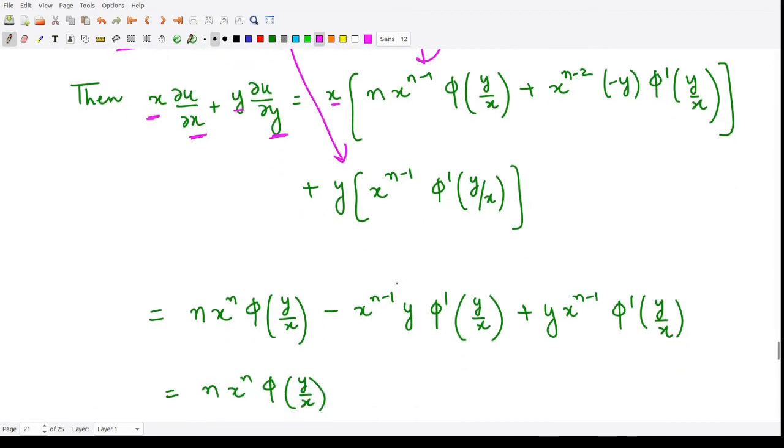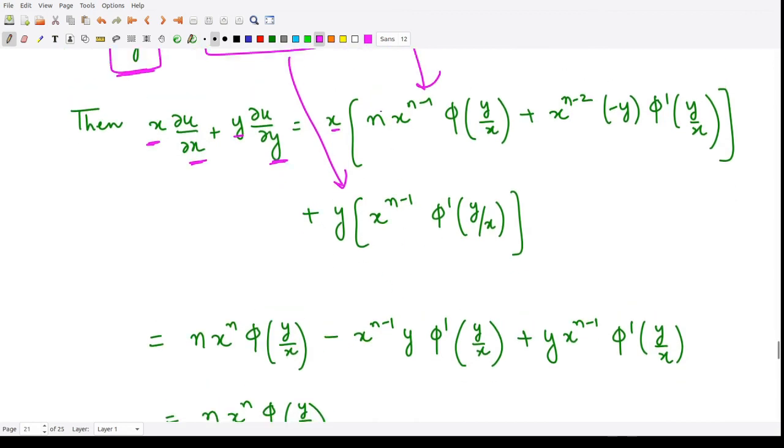When you simplify this, we are multiplying this x inside. So here the power of x is 1, and here the power is n minus 1. So we have 1 plus n minus 1, that is n. So we have the power of x as n, and here the power of x becomes n minus 1, all the terms as such, and here this becomes y into x to the power n.